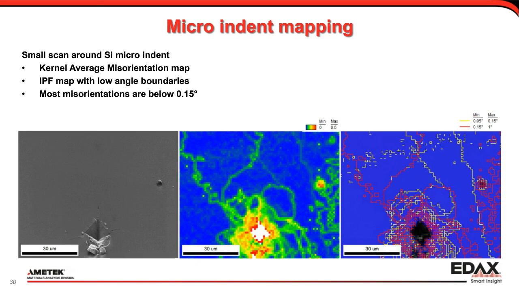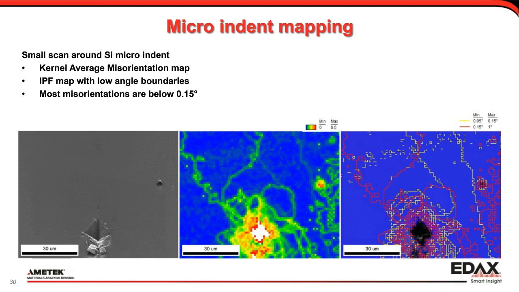If we then want to quantify the misorientations a little bit more, I've color-coded these low-angle boundaries, and the yellow are from 0.05 to 0.15 degrees, and in red, larger than that, up to 1 degree. And you can see those two yellow boundaries on the right, and you can just make them out in the kernel misorientation map as well.